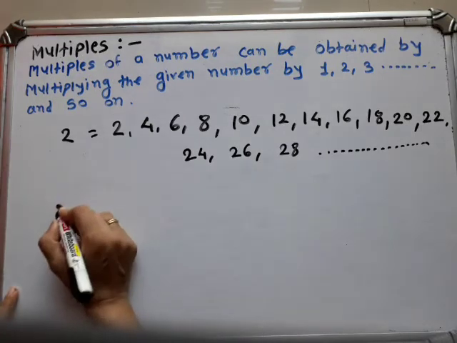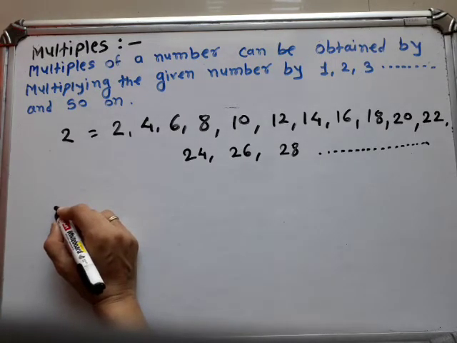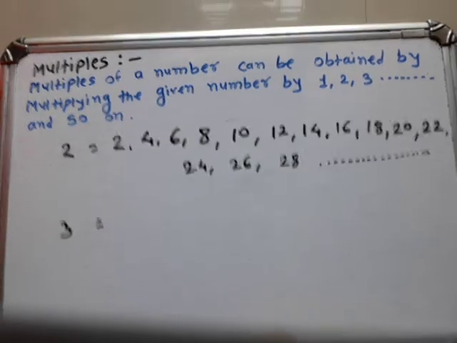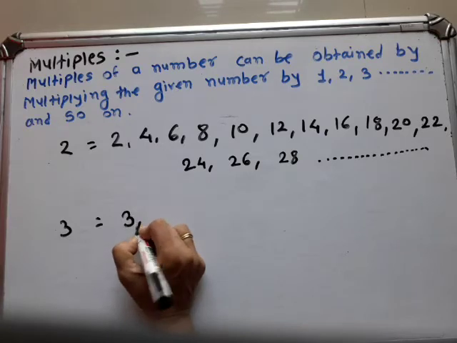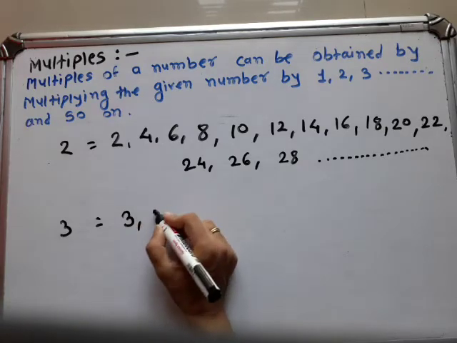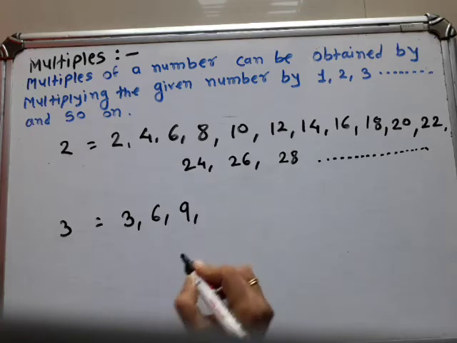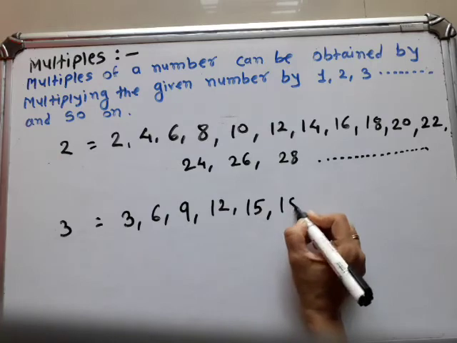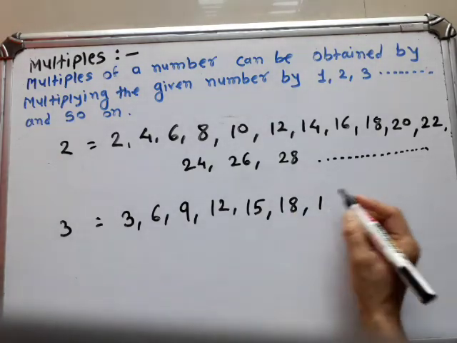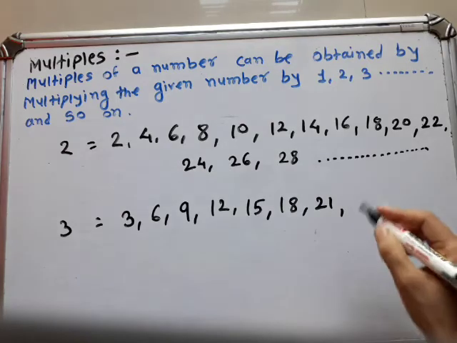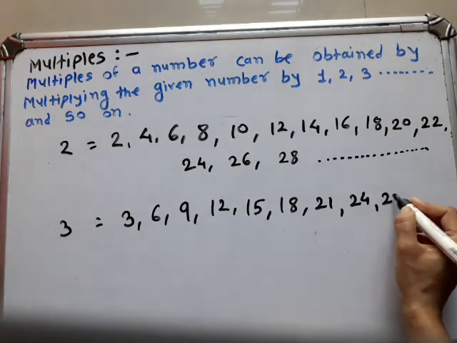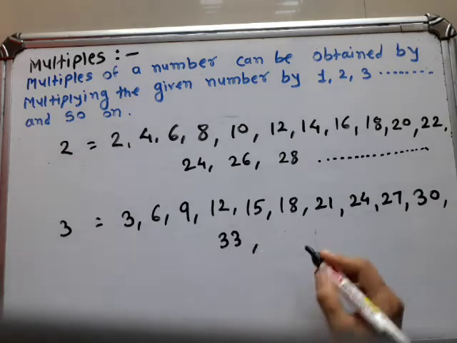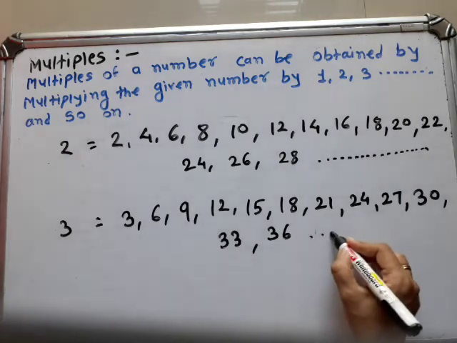Now suppose we find the multiples of 3. What are the multiples of 3? 3 ones are 3, 3 twos are 6, 3 threes are 9, 3 fours are 12, 3 fives are 15, 3 sixes are 18, 3 sevens are 21, 3 eights are 24, 3 nines are 27, 3 tens are 30, 3 elevens are 33, 3 twelves are 36 and so on.